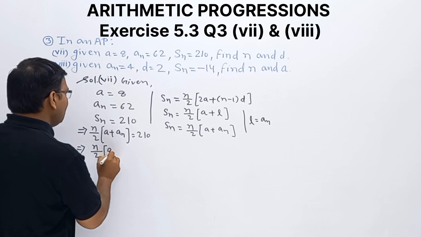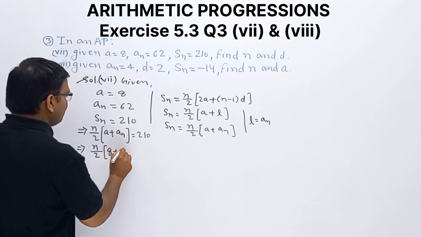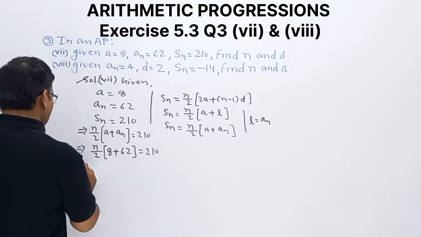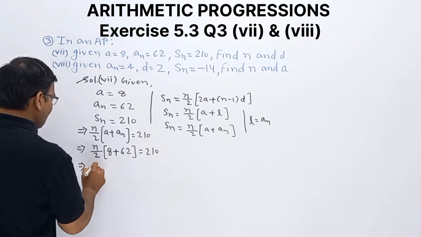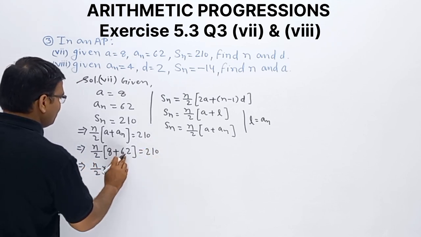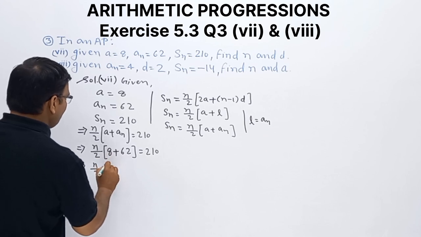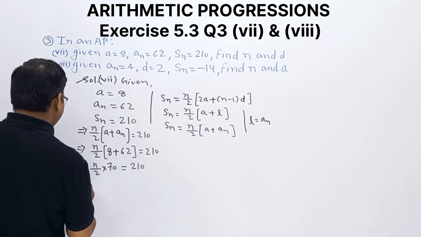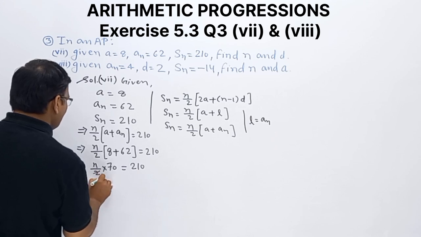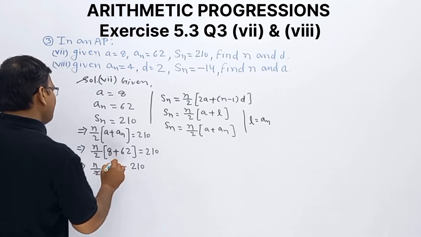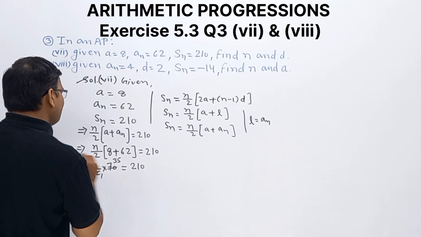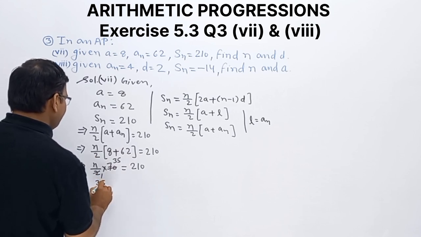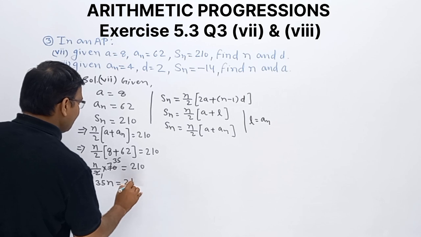A is 8, An is 62, and Sn equal to 210. Solve this one. n by 2 into 62 plus 8, that is 70, equal to 210. And 2 ones are 2, and half of 70 is 35. So 35n equal to 210.